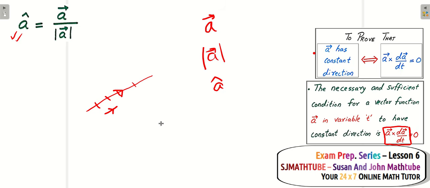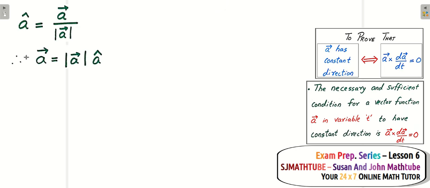So remember, a vector and unit vector share the same direction. So what is common to a vector and a unit vector? The direction. So I'll just cross multiply. Every vector can be written in the form modulus of A into unit vector.